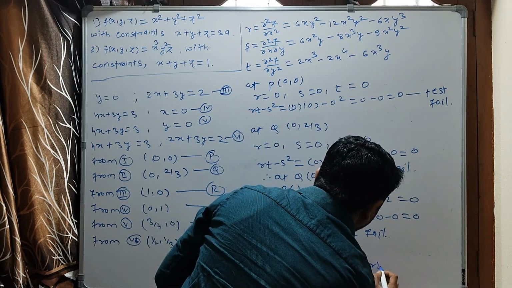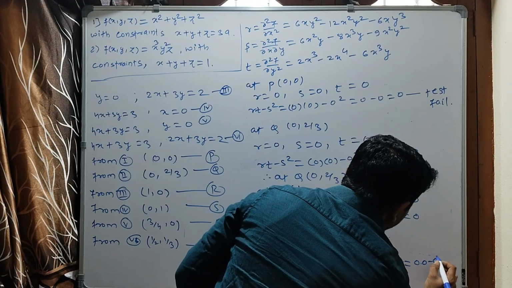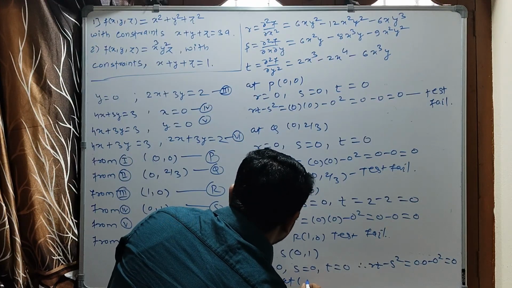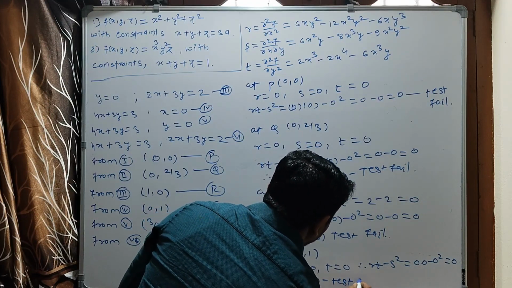Therefore again rt minus s square equal to 0 into 0 minus 0 square, which is equal to 0. Therefore at (0, 1), again no conclusion, or test fails.